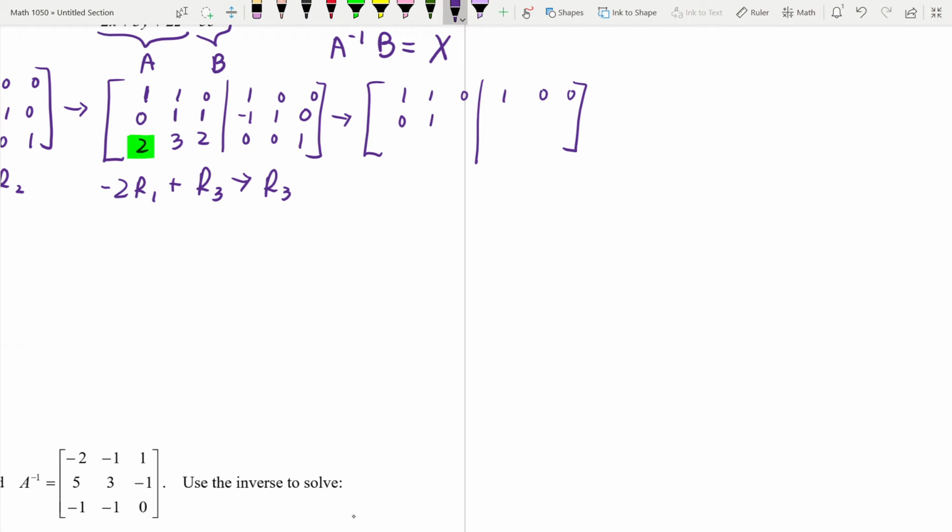Row 2 doesn't change. Distribute a negative across the top. Negative 2, negative 2, 0, negative 2, 0, 0. Write row 2 underneath it. Add those together and you get 0, 1, 2, negative 2, 0, and 1.